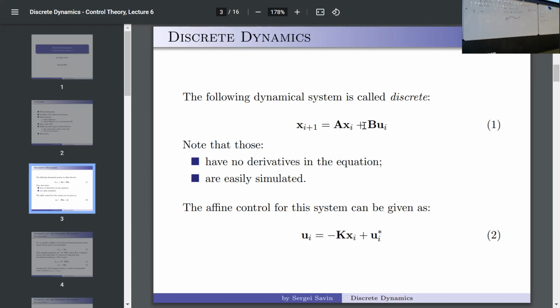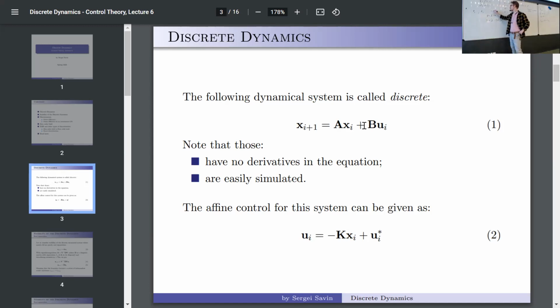What do you mean? u is a control input. Remember last lecture, we discussed how we go from this to this. This is a control.